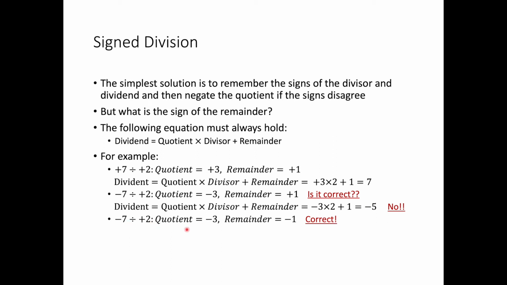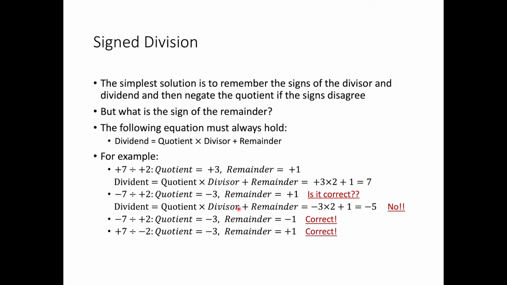What about this one? The correct one should be this: the quotient is -3 and the remainder is -1. If we apply that to this format, it will be -3 times 2 minus 1, and then we get -7, which is the correct dividend. What about +7 divided by -2? Then the quotient is -3 and the remainder is +1.